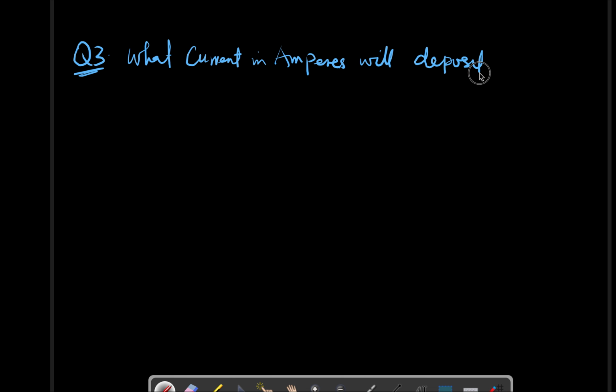So question 3. The question says, what current in amperes will deposit 2.7 grams of aluminum in 2 hours.